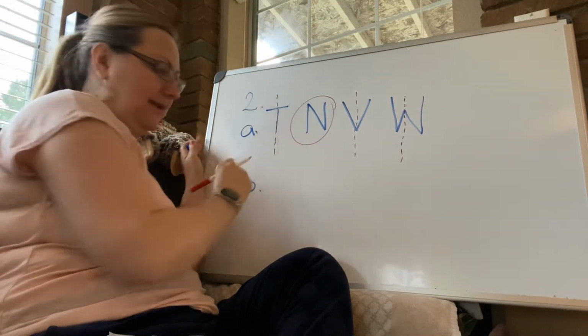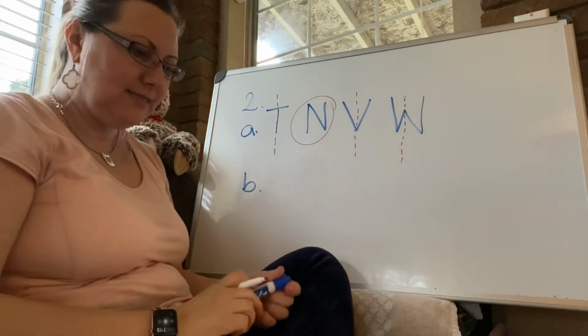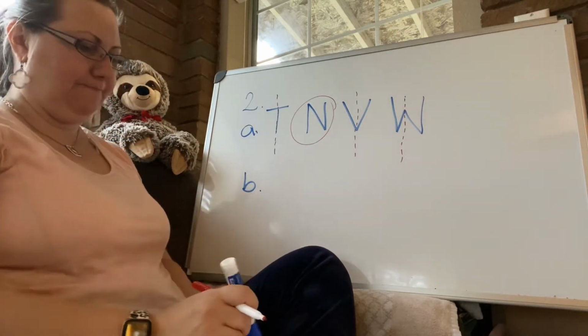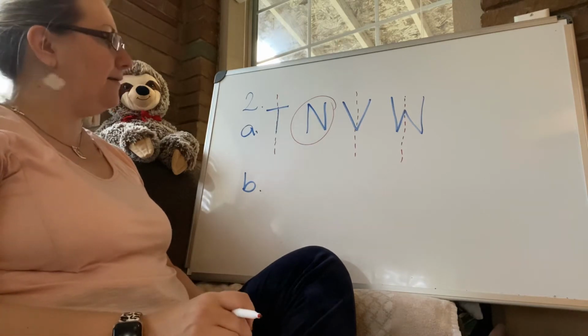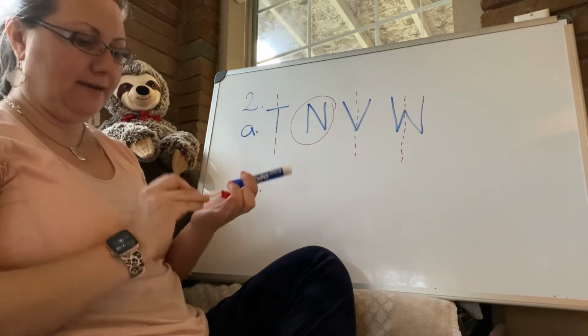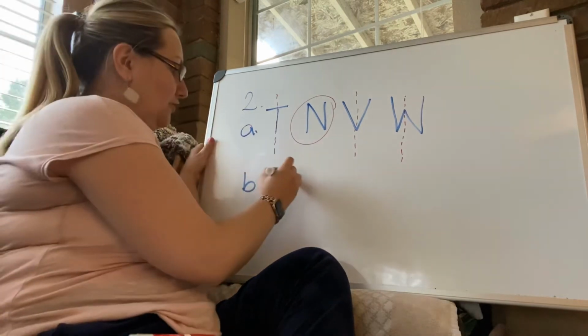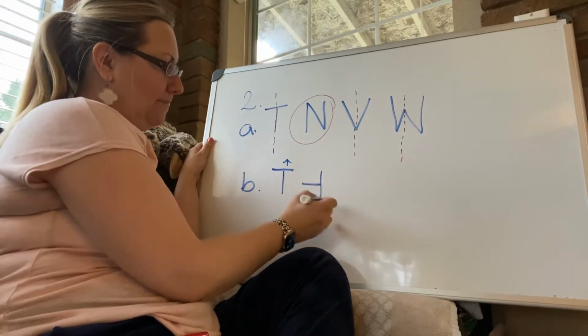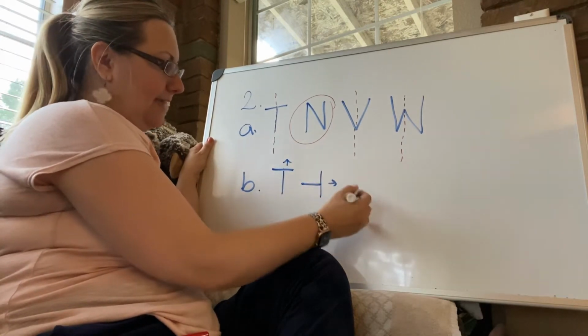Now let's look at letter 2B. It says, which of these letters has rotational symmetry? If you think about the letter T, and we can definitely draw them if you want to, T with the top at 90 degrees does not look the same.